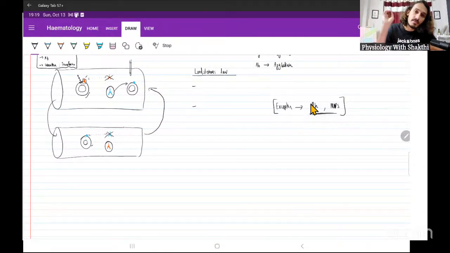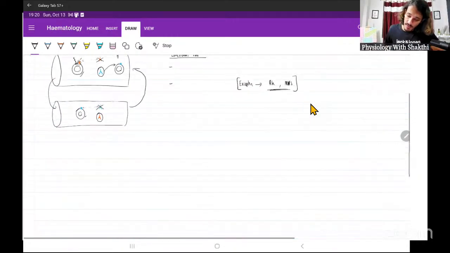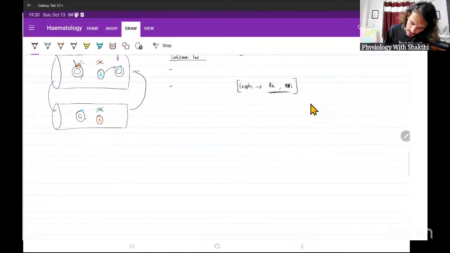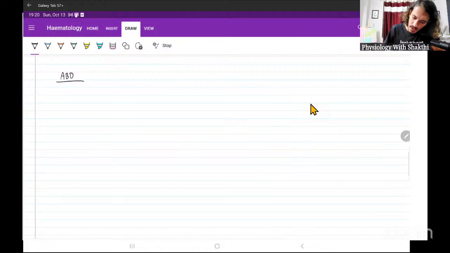The most important that we use is this, so we're going to be describing ABO and RH. But in viva also, they might sometimes ask, can you name a few other blood group systems? You can use Kell, Lutheran, Duffy. Now we'll go into your ABO blood group system. The first thing we have to discuss is the antigens in it.